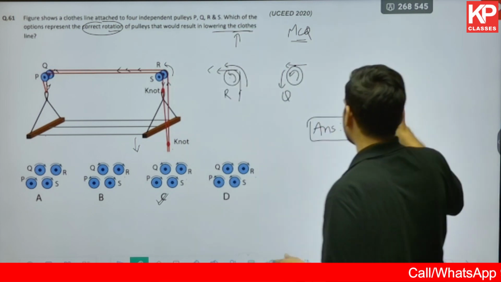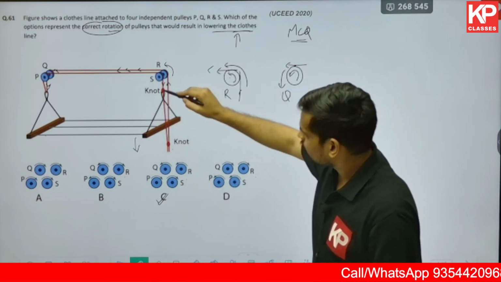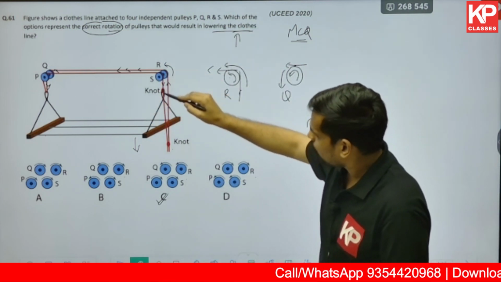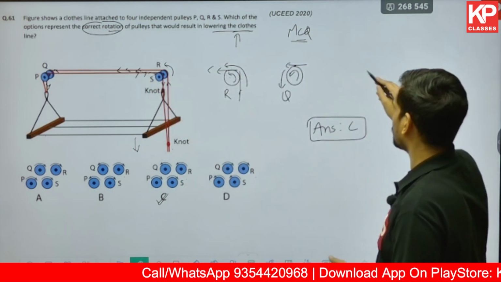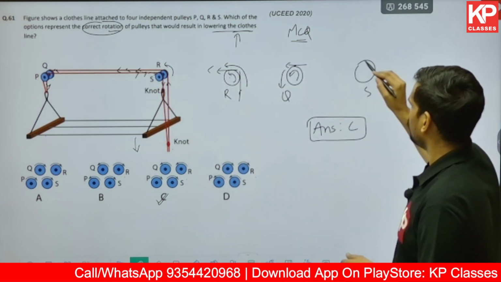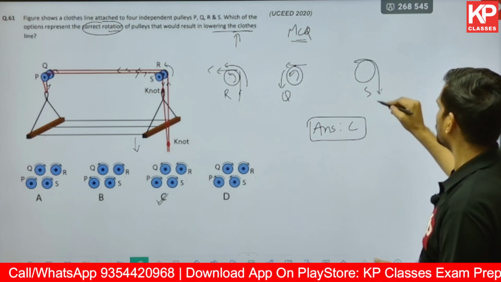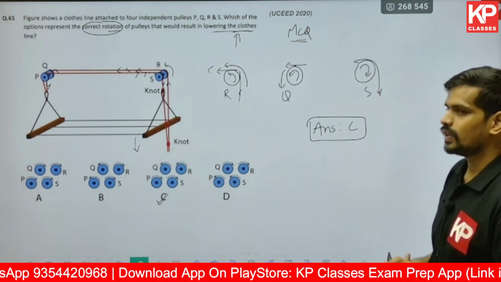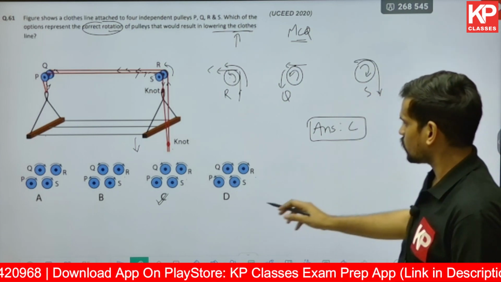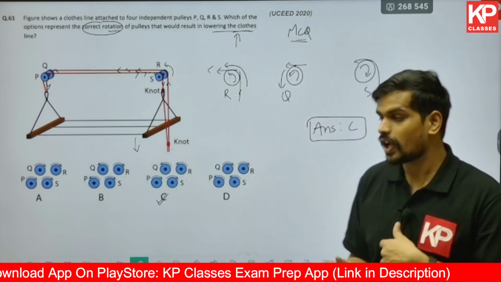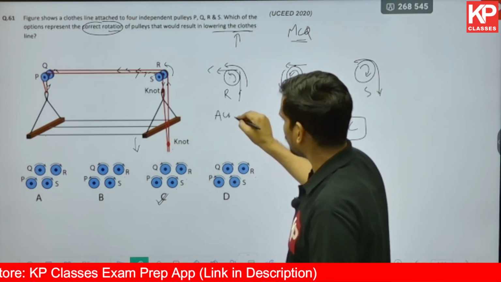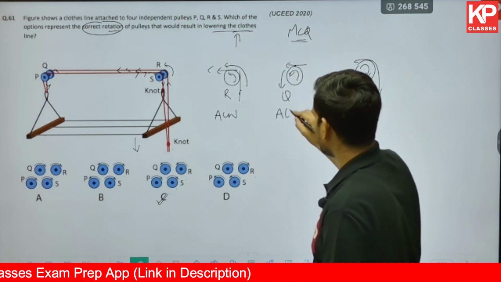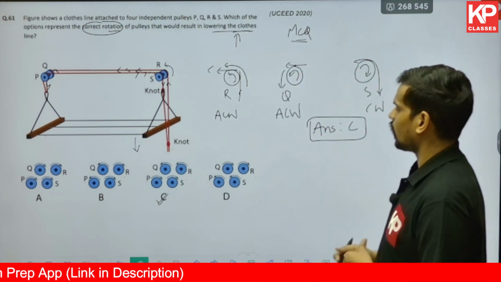If you look into pulley S, because it is tied over here, the rope has to come down. So the rope has to move in this direction at S. So the pulley also moves in this direction. That would be a clockwise rotation. For S, it is clockwise rotation in our option. That is also correct. So let me mark for your reference. This is anti-clockwise, anti-clockwise, and for S it is clockwise.